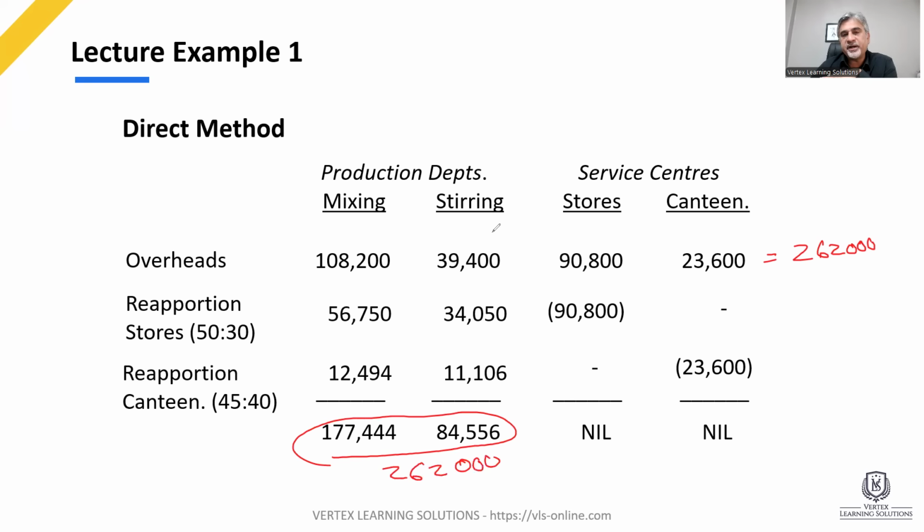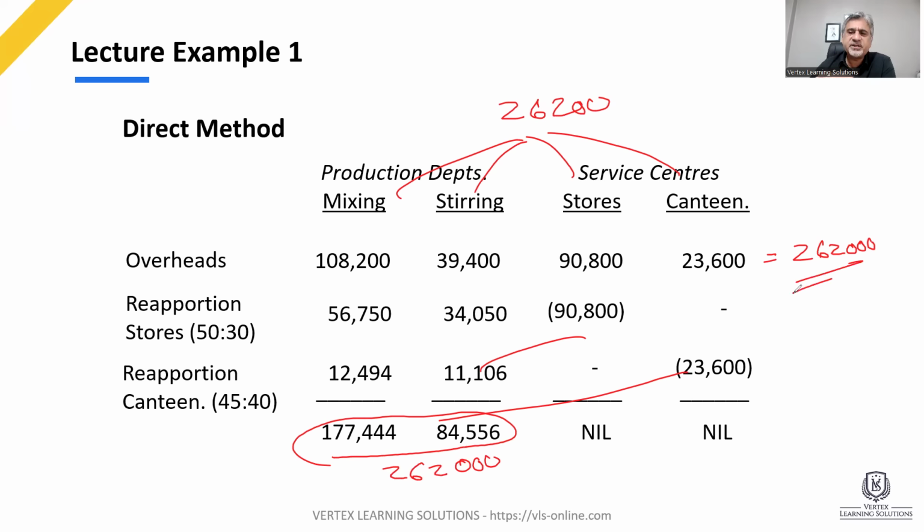So your total overhead, which was 262 before, you divided between these four departments, and then this cost was further taken back here. And now the total overhead will remain the same. It is just the allocation. It was 262, it remains 262, but now it is divided between the two departments and not the four.